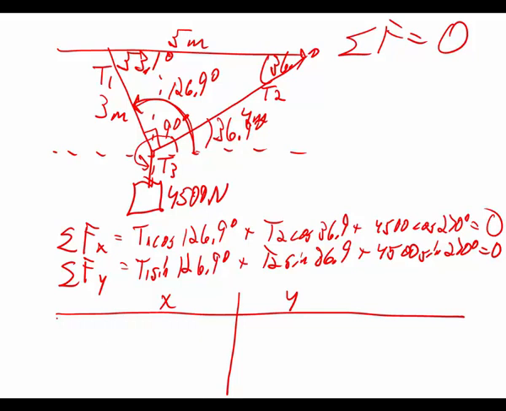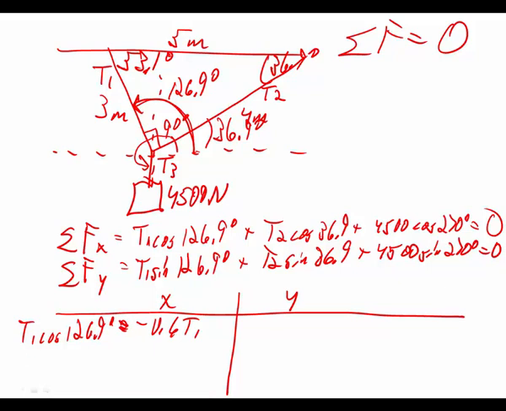Negative 0.6 T1. So we're going to say T1 cosine of 126.9 degrees is equal to negative 0.6 T1. Okay?